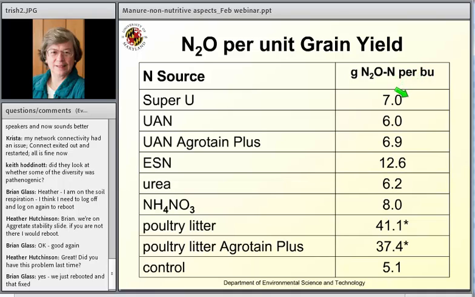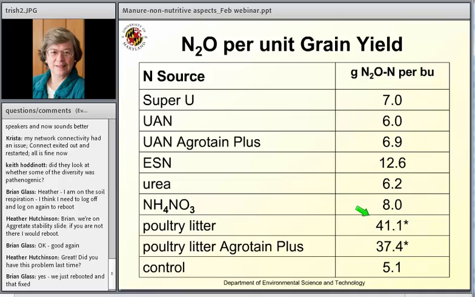So you can see that for all these special products or additives, there's a modest amount of nitrogen given off in the form of nitrous oxide per bushel of product. In the case of the control, there was still some from the nitrogen that was in the system, right?